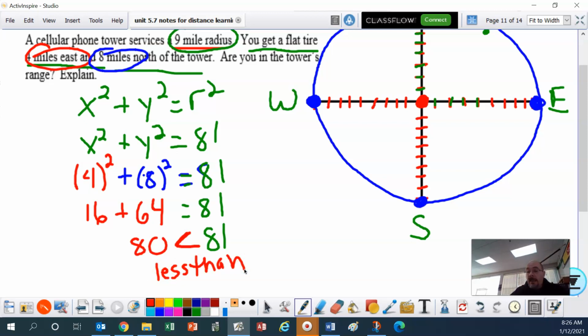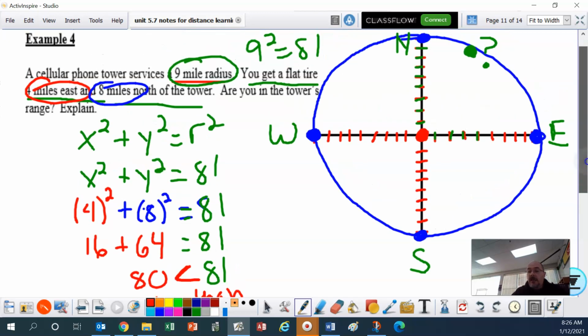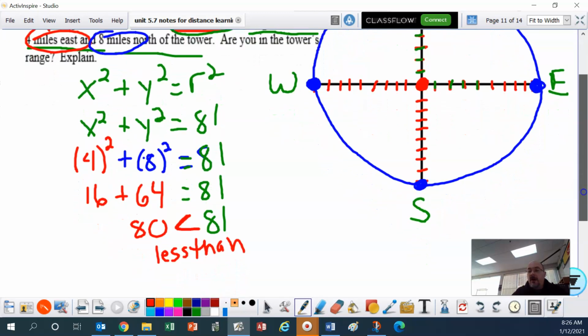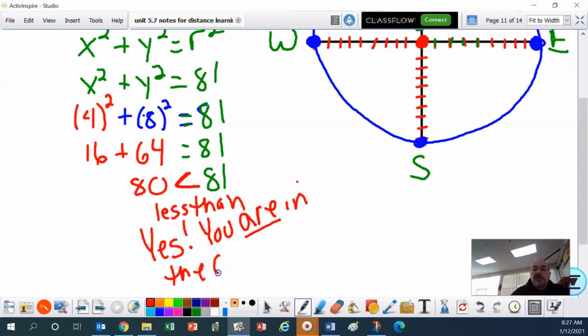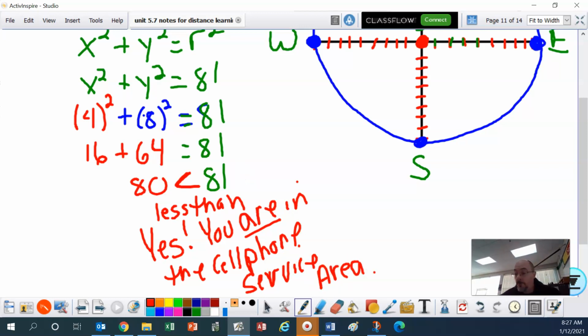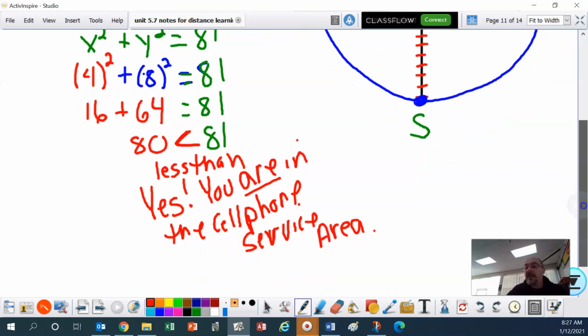So if you plug those numbers in and you find it's less than r squared, that means yes, you are in the cell phone service area. That means your cell phone will work. What would tell us that it doesn't work?